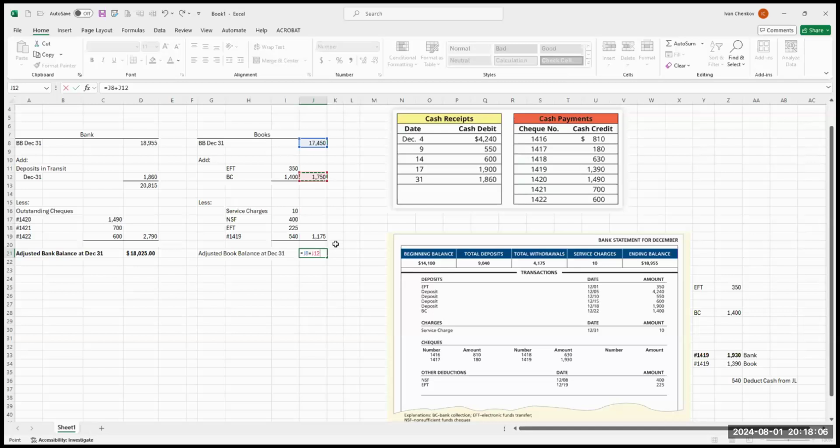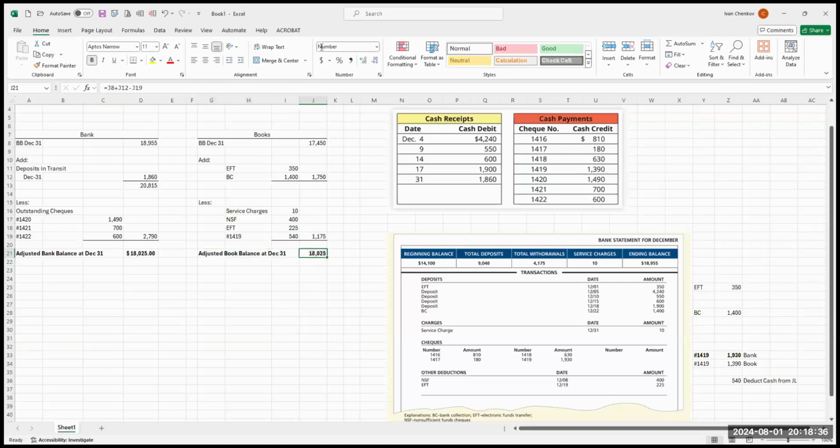Once we deduct the service charges and NSF that's going out of our bank account, we're going to see later what that is. EFT, we're going to see about later because that's a deduction from our cash, and the mistaken amount of the mistake that we made, we should naturally get a balance of $18,025.